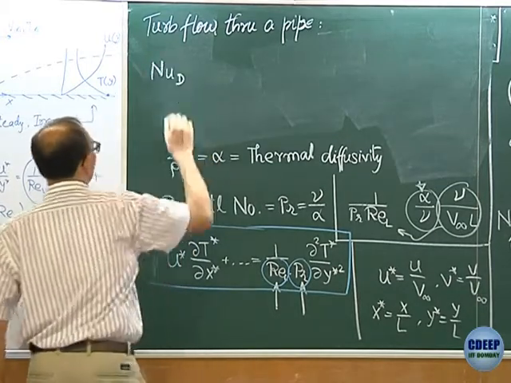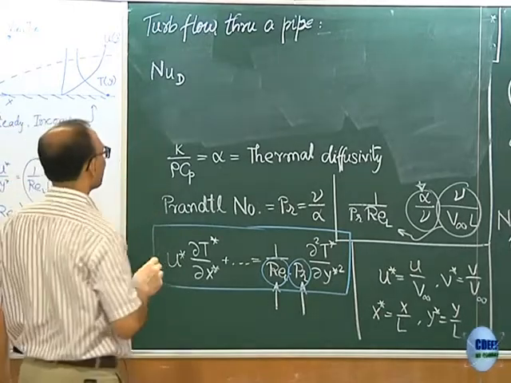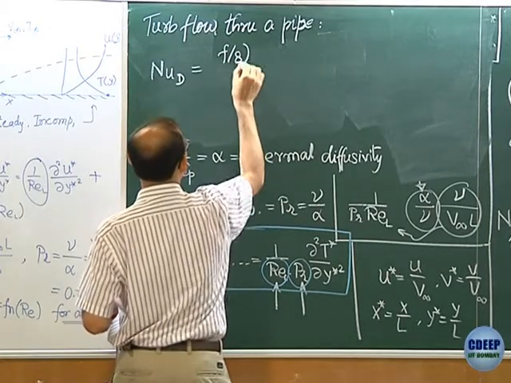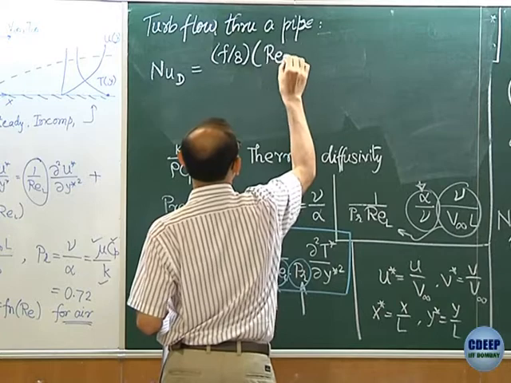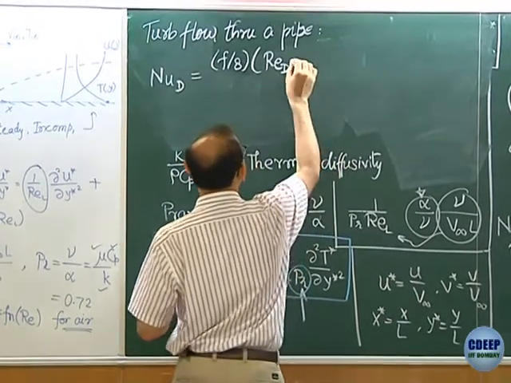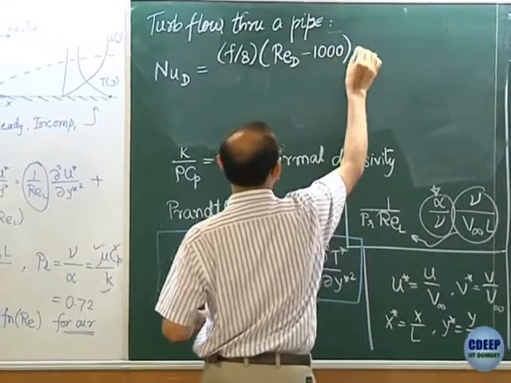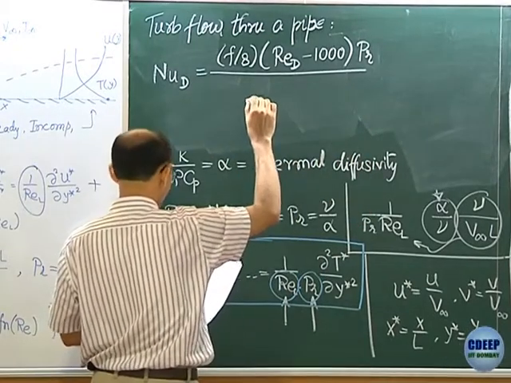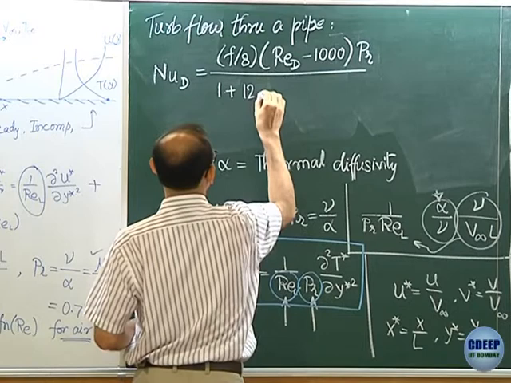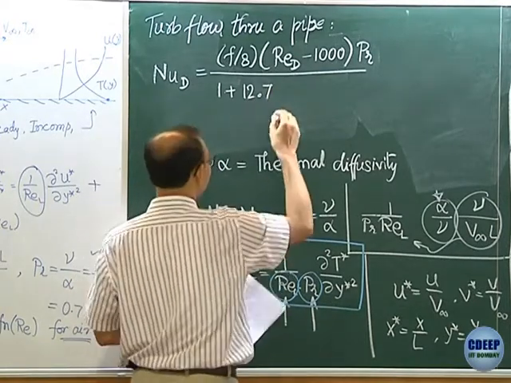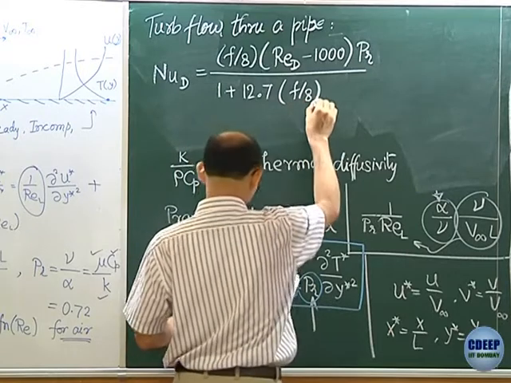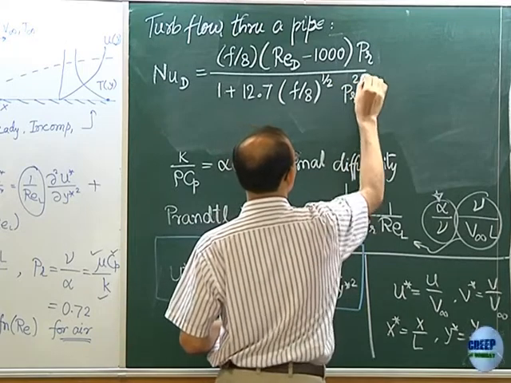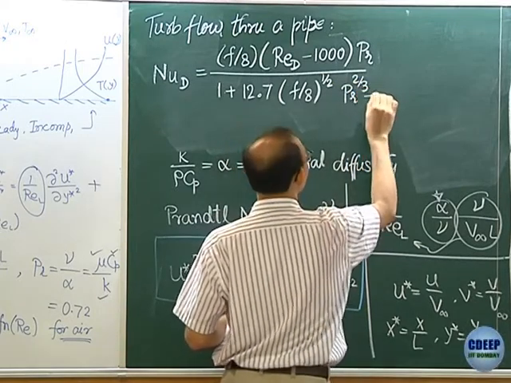The pipe may be infinitely long, but the diameter is a more relevant parameter, and that happens to be (f/8)(Re_D minus 1000) times Prandtl number, divided by 1 plus 12.7 times (f/8) to the power of half, times (Prandtl number to the power of 2/3 minus 1).